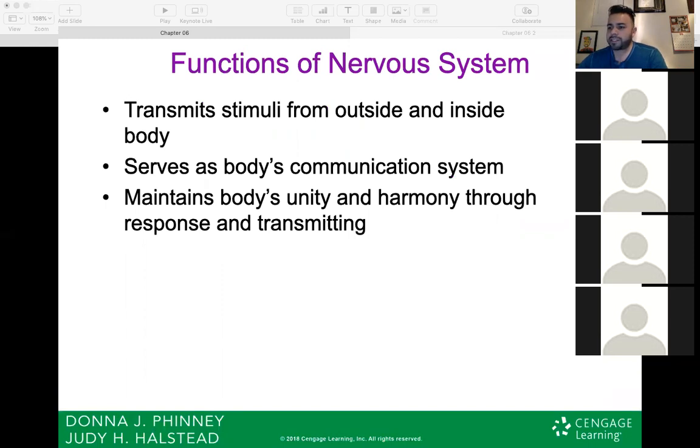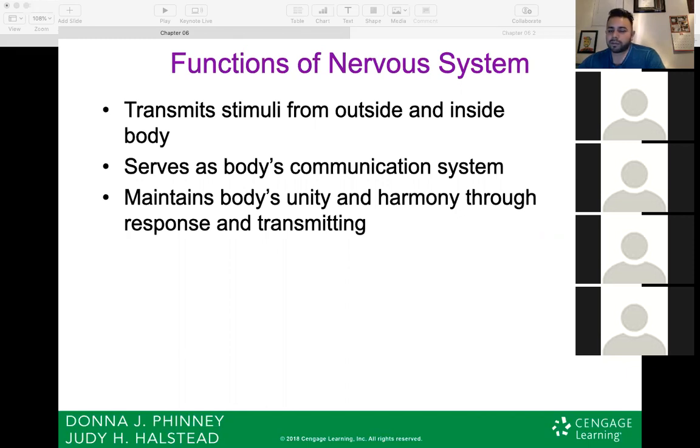So the nervous system functions to transmit stimuli from outside and inside the body, with the ability to respond and transmit stimuli in order to retain unity and harmony in the body. It serves as the body's communication system.